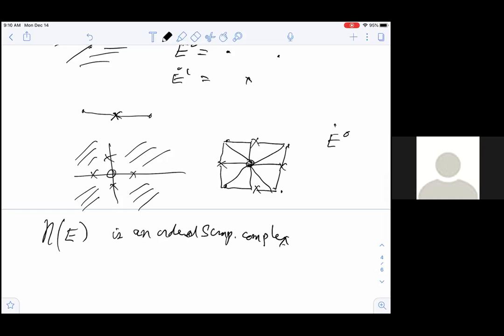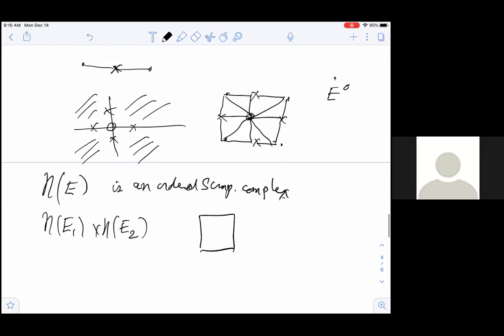Okay, usually if you take the product of 2 simplicial complexes, you don't get a simplicial complex, you get a cell complex. But if both simplicial complexes are ordered in this sense, then the product is naturally triangulated as an ordered simplicial complex.